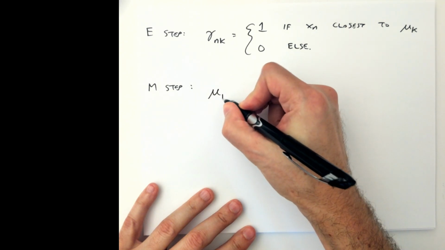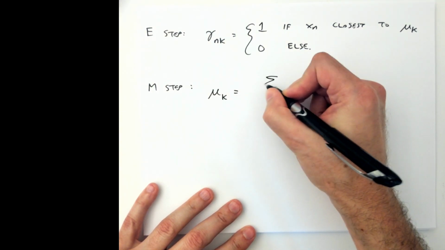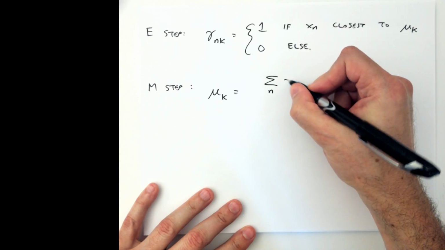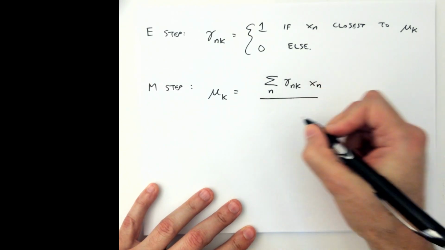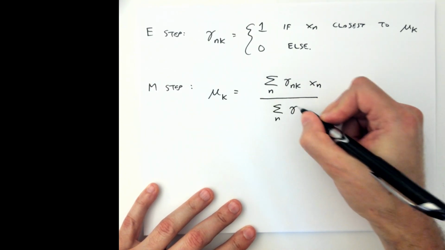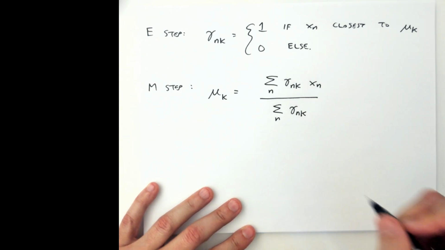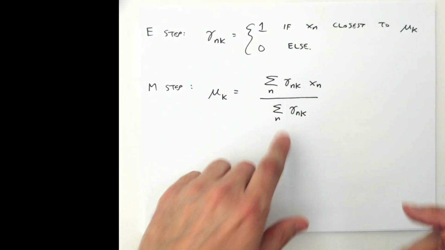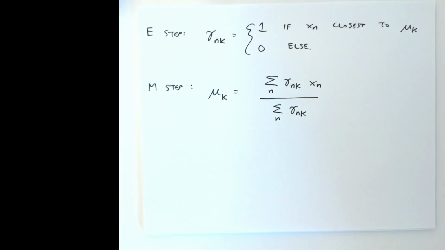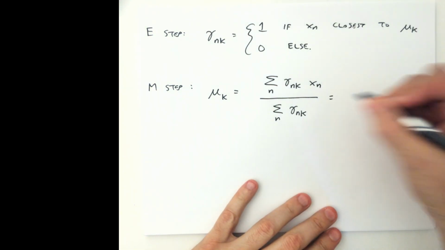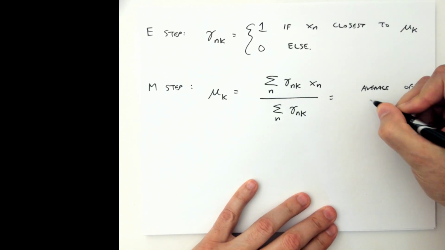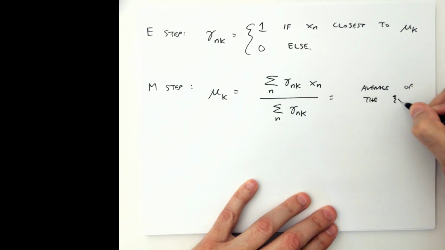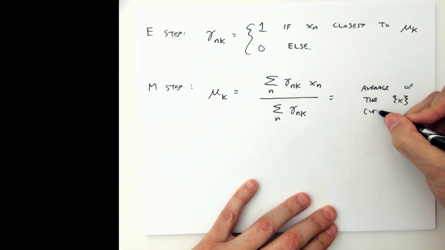So I should update my cluster center as the sum over all of the points that belong to my cluster, over this number here, which is the number of points currently assigned to cluster K. So this is basically the average of the X currently assigned to K.